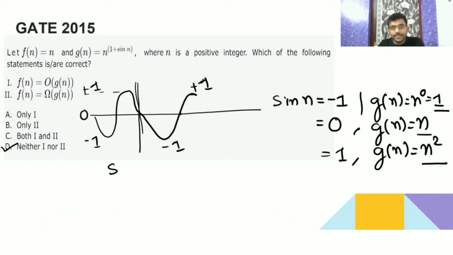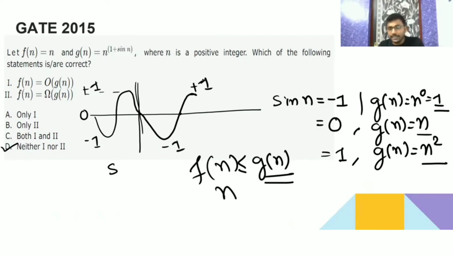Now it says f(n) is smaller than or equal to g(n), where f(n) is n. But when sin n is equal to 1, it is going to be n square, fine, that is correct. But when sin n is equal to minus 1, then g(n) is going to be 1. So then this condition will be false.